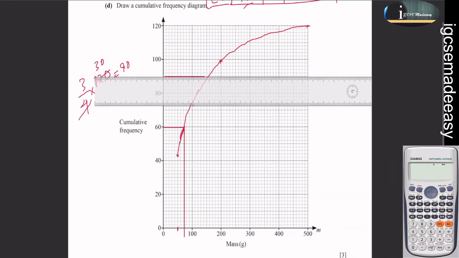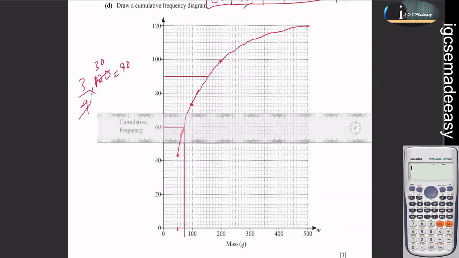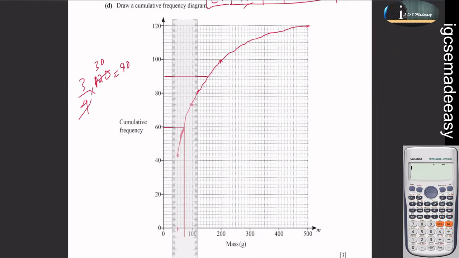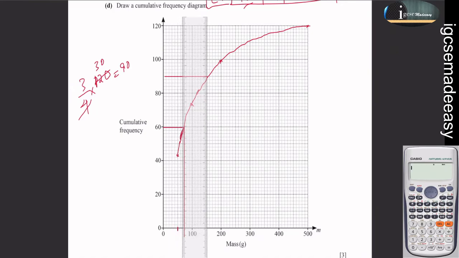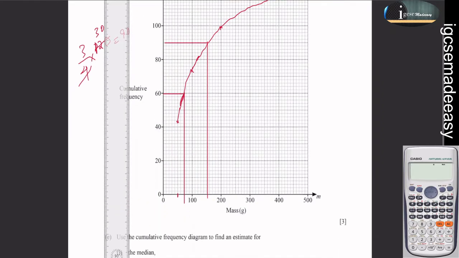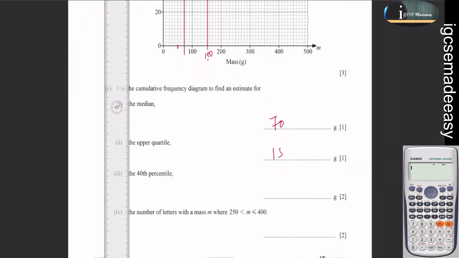The answer may vary plus or minus, and they will not give marks only for the exact value. The answer will be in a range. Okay, so I got an answer that is around 150. Half of that is only coming. So the upper quartile is 150.